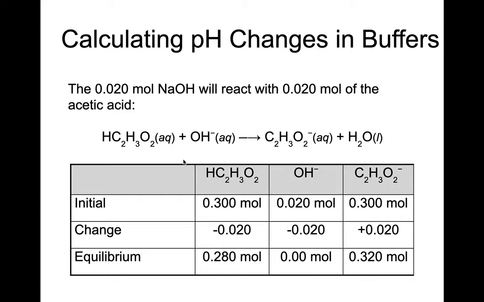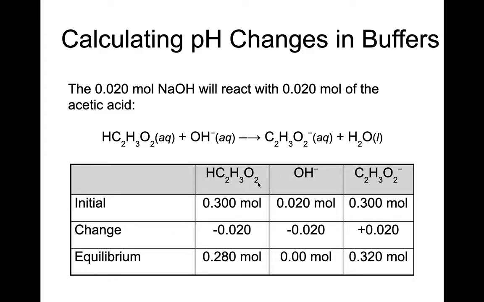So let's fill in our initial concentrations. Our given information told us that we had 0.3 moles of acetic acid. It also tells us that we had 0.02 moles of hydroxide ion. And because we knew our buffer solution contained sodium acetate, completely dissociated, we know that initially we also have 0.3 moles of the acetate ion.